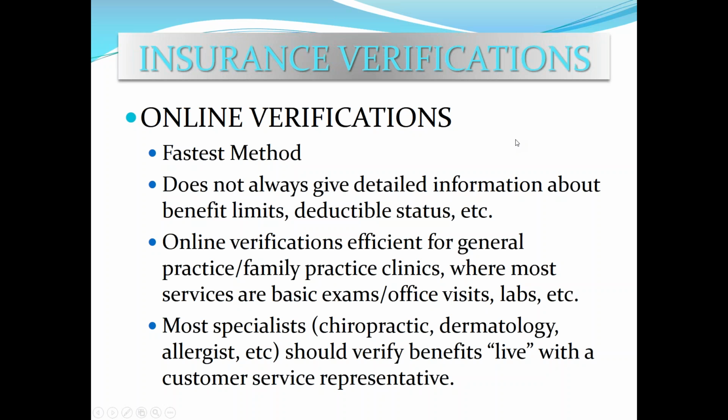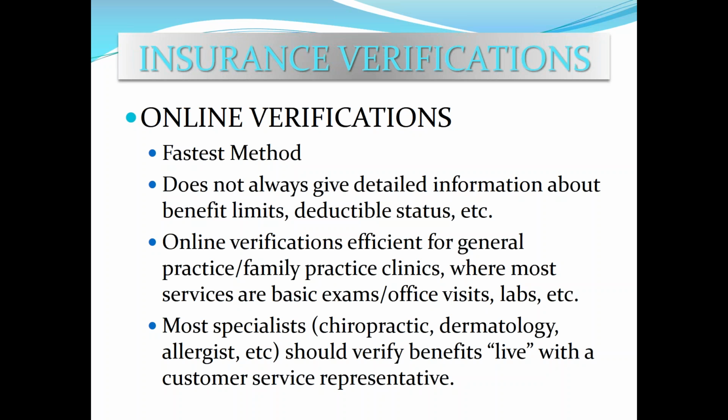So once you've gathered up the information, then the question is, what do you do next? And the next step to obtaining an insurance verification would be to see if you can gather up as much information as efficiently as possible. Online verifications are the fastest method to obtain benefits on a patient.